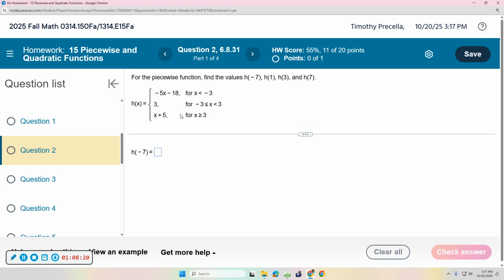And they want us to find just 3 of h of negative 7, h of 1, and h of 3, and h of positive 7. Oh, it's 4 numbers. Giving us these 4 numbers to plug in.